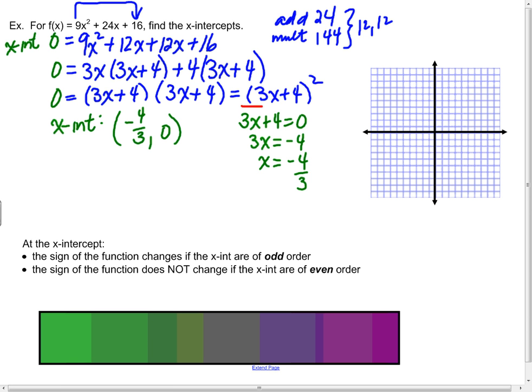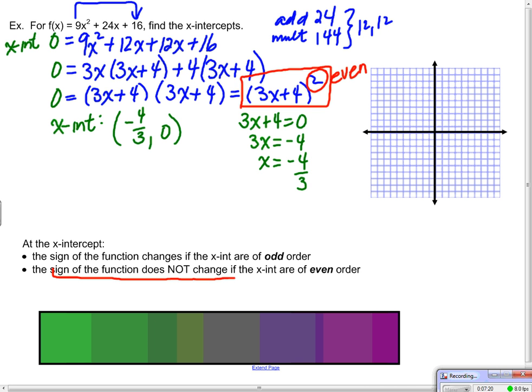So in my most simplified form, my function is that, which is an x-intercept of minus 4/3 of even order. So that means my function will not change sign about that x-intercept.